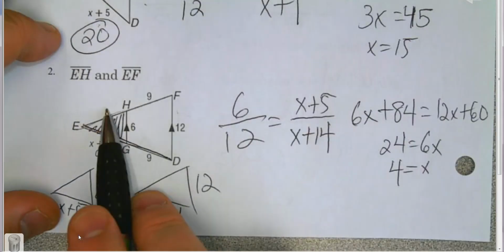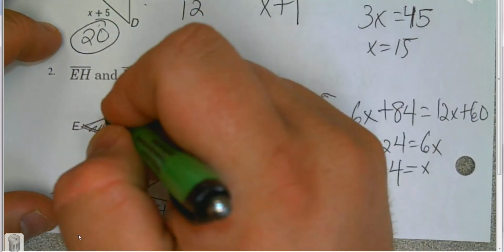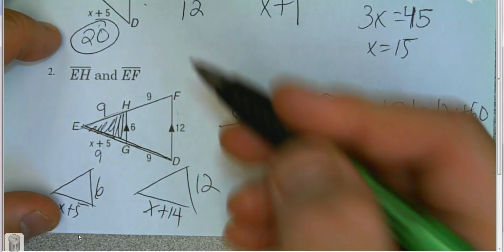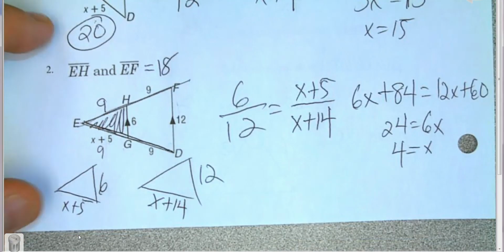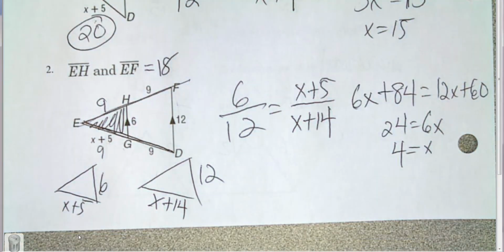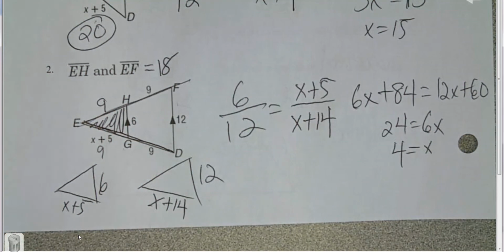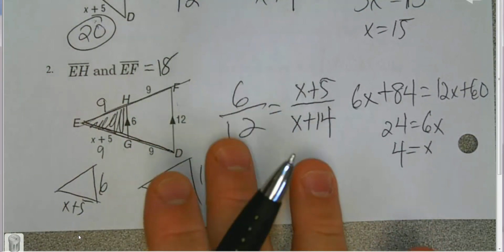And so if we're trying to find this measure, then we know EH is also 9. And so then the length of EF is equal to 18. So again, just different ways that we can prove two things proportional. This completes the notes for this section.